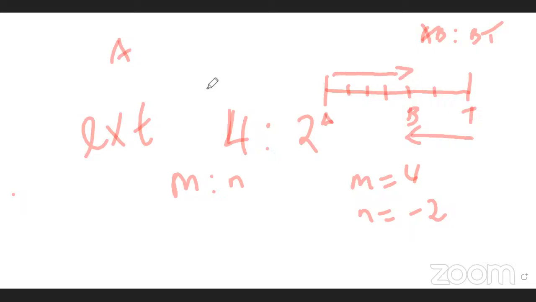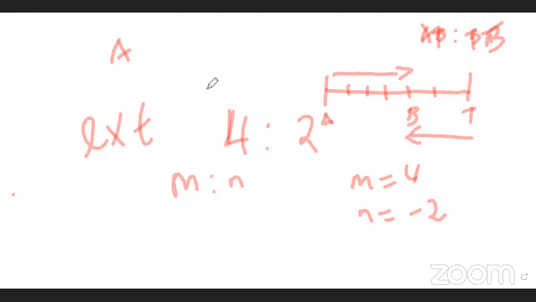This was external, so it should have been A to T, then T to B. We take the point we are starting from to the point that divides, then the point that divides to the other point. So A is to T, then T is to B.